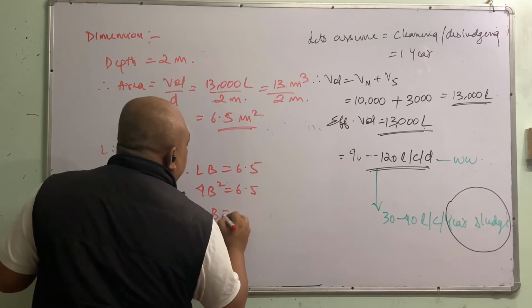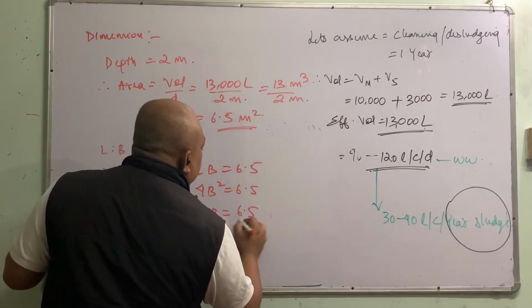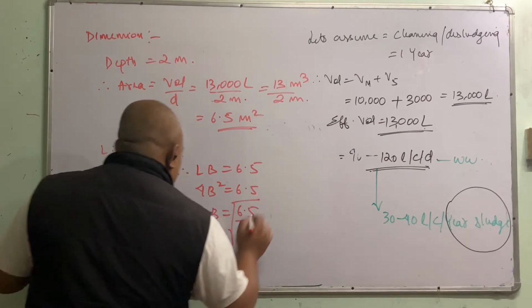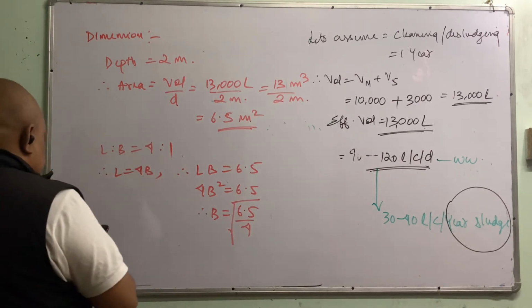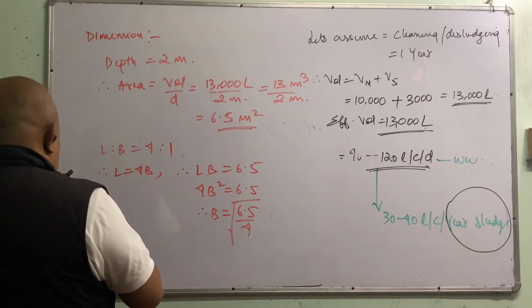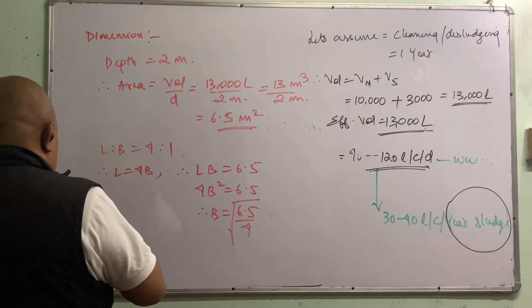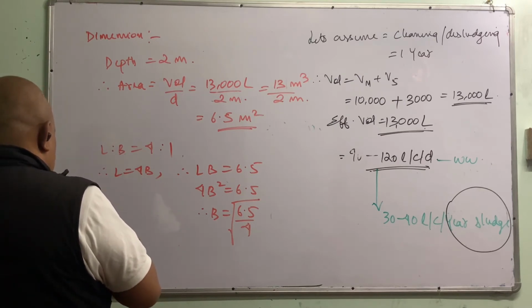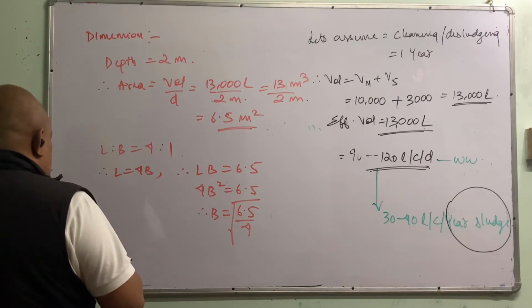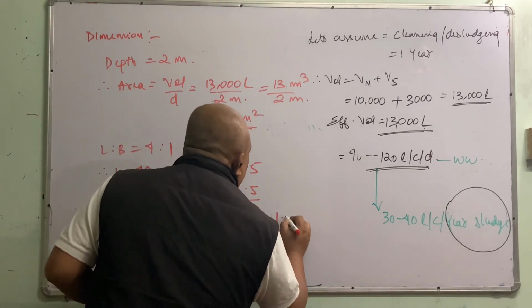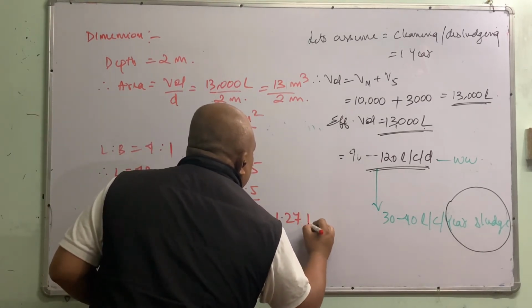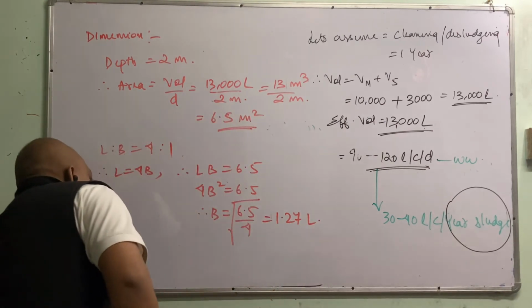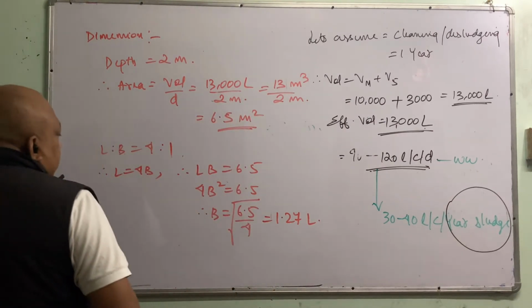Therefore, breadth is equal to root of 6.5 by 4, which is 1.27. Breadth is equal to 1.27 meter.